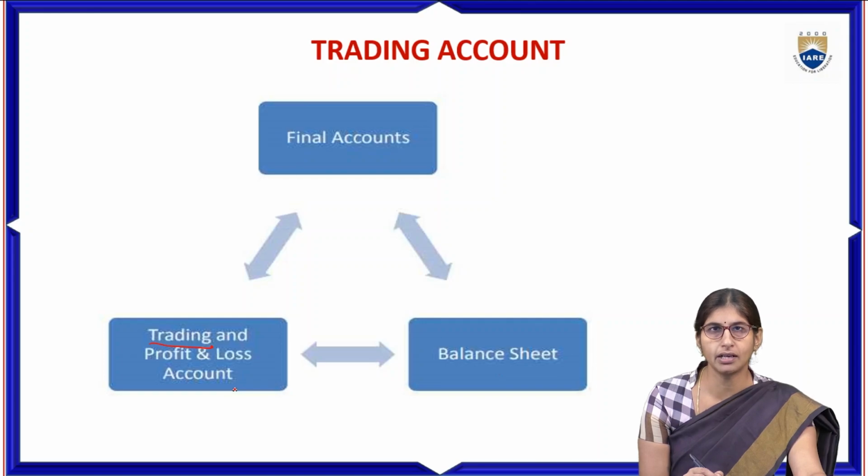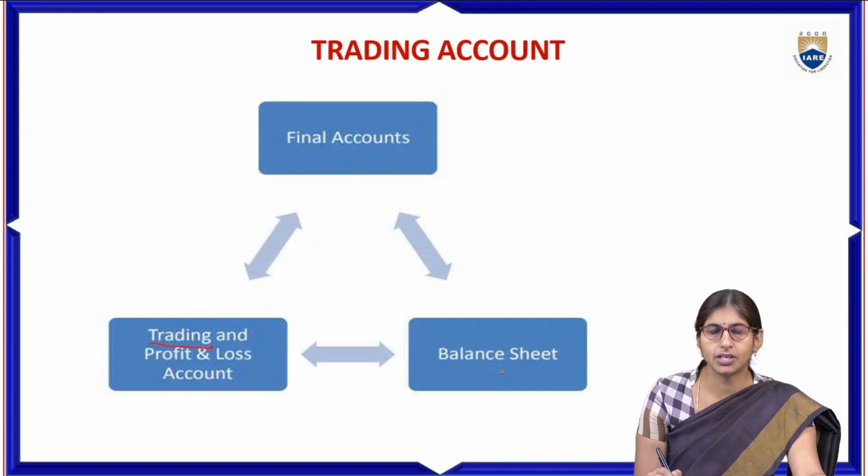When we are preparing accounts for a year, by the year ending we are going to understand the net profit earned by a particular organization, and that net profit is going to be carried forward, or added to the capital on the liability side of the balance sheet. The balance sheet is a financial statement which has two sides, the asset side and the liability side.